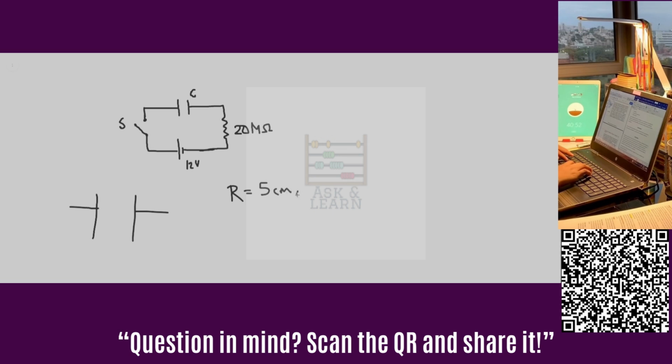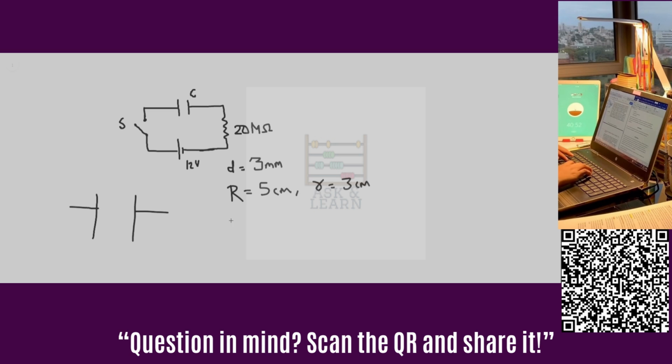We need to find out the magnetic field at a section which is at a distance of 3 centimeters. The separation between the plates is about 3 millimeters, so d in this case is 3 millimeters.